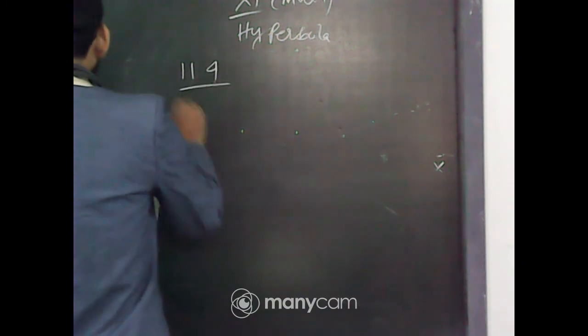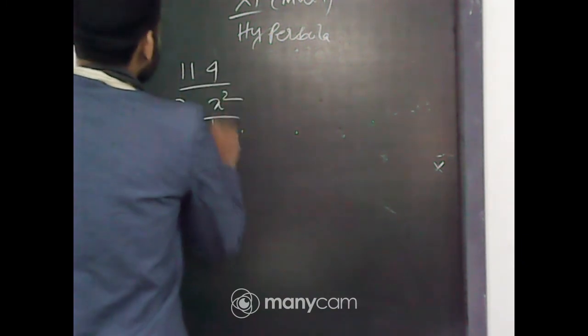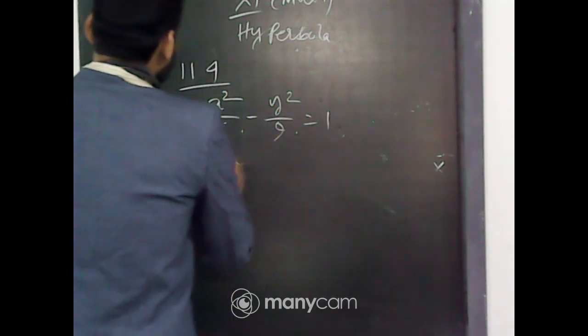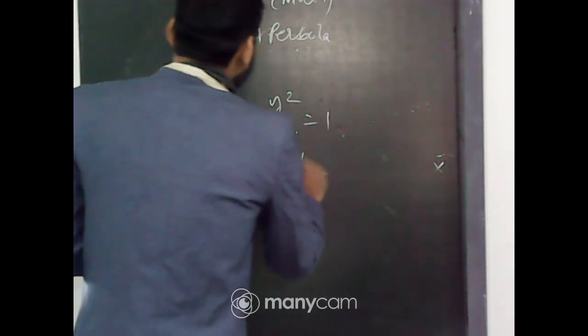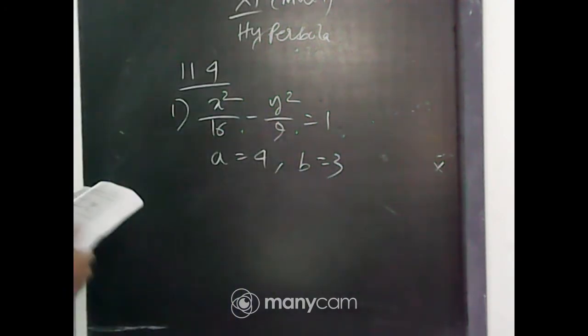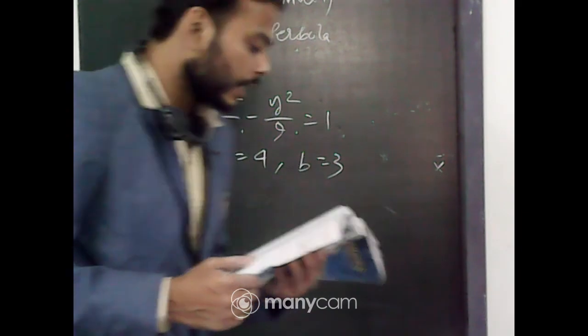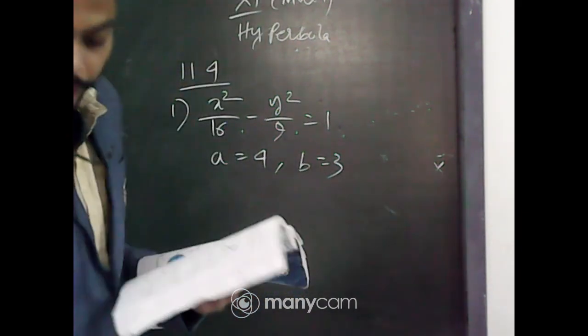Exercise 11.4, question number 1: x square by 16 minus y square by 9 equals 1. So here a equals 4 and b equals 3. You are asked to find the foci, the vertices, the eccentricity and the length of the latus rectum.